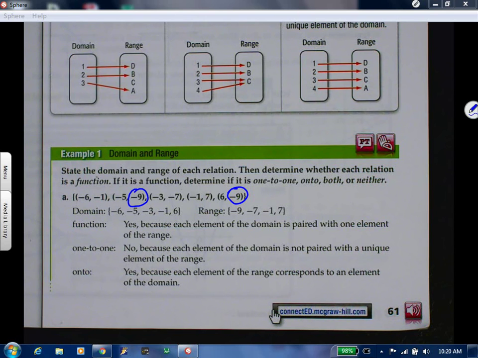So if the X's repeat, then it's not a function. But this one is a function because the X values do not repeat and everyone has exactly one answer. That's why it says yes, because each element of the domain is paired with one element of the range. Now, is it a one-to-one function? No. So that is not one-to-one because you have repeating Y values.